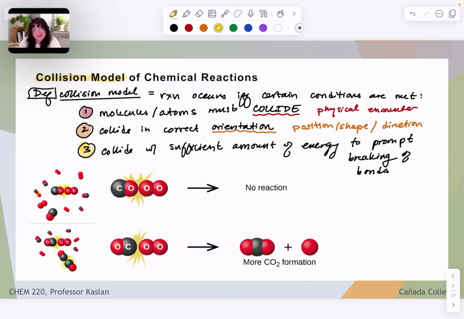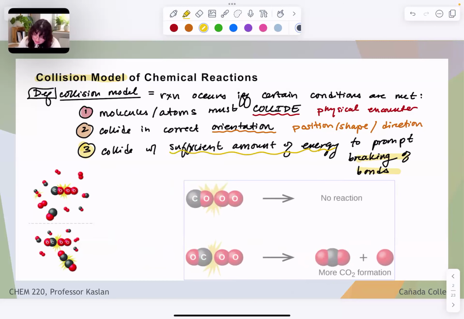So their bonds have been broken. That would be considered a sufficient amount of energy in the collision between you and that person. So, sufficient amount of energy. And again, this is related to the idea of breaking the original chemical bonds.